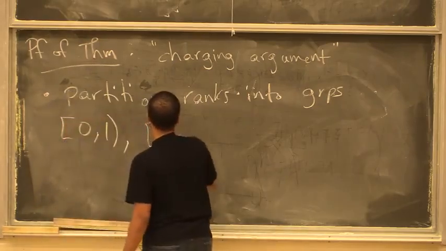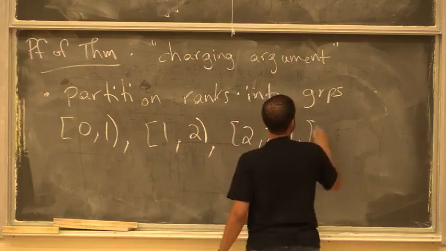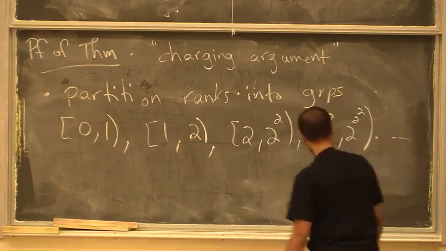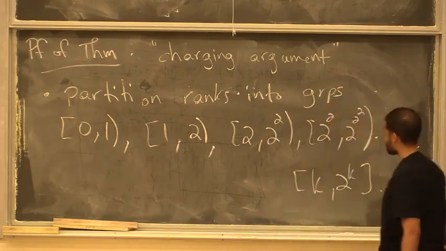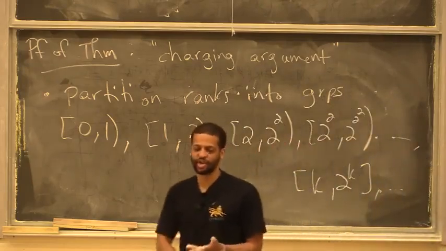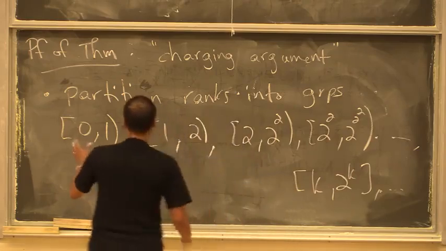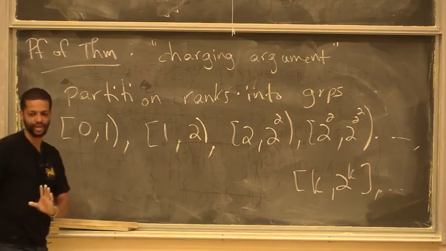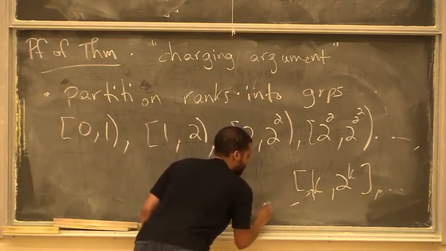There's everyone who has rank between 1 and 2, between 2 and 2 to the 2, between 2 to the 2 and 2 to the 2 to the 2, etc. In general, between k and 2 to the k. Ranks start at 0, and then sometimes they get incremented over and over again. So I'm just partitioning rank space into these different intervals that are disjoint. And I'll call this group K.